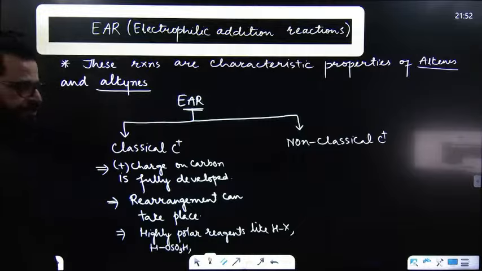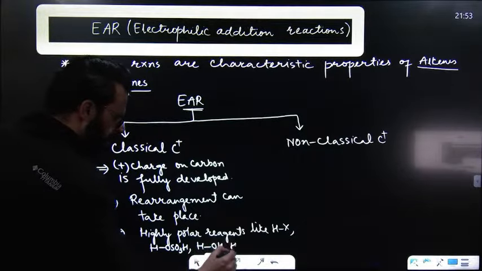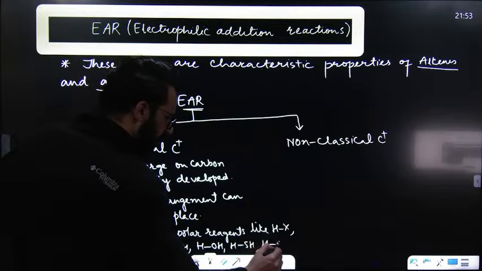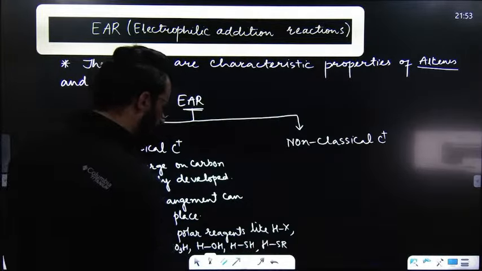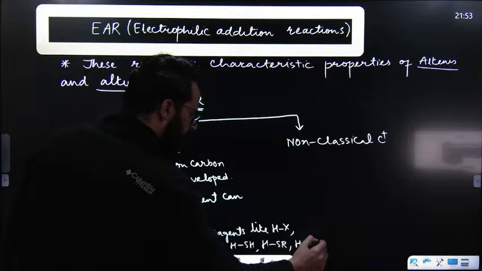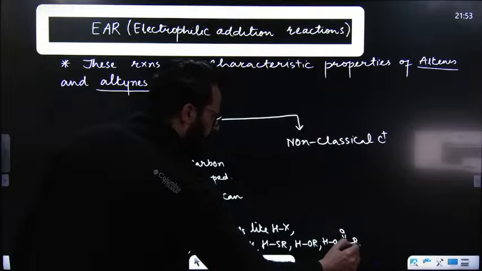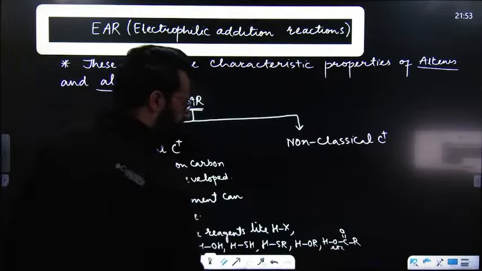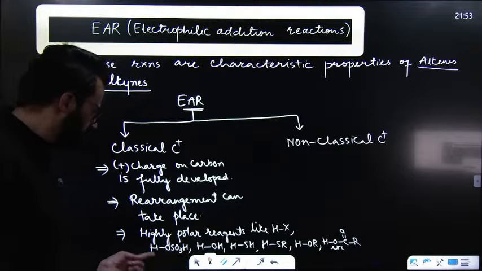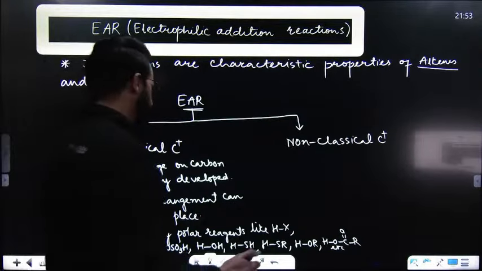Similarly, HOH means water, HSH means hydrogen sulfide, HSR means thioalcohol, HOR means alcohol, HOC double bond O and R, I mean carboxylic acid, etc. When reagents are such that there is high electronegativity difference between the positive part and the negative part, that means highly polar solvents should be there.